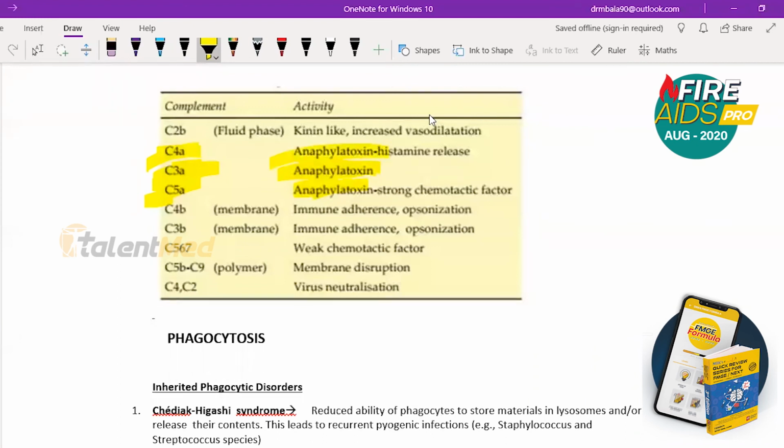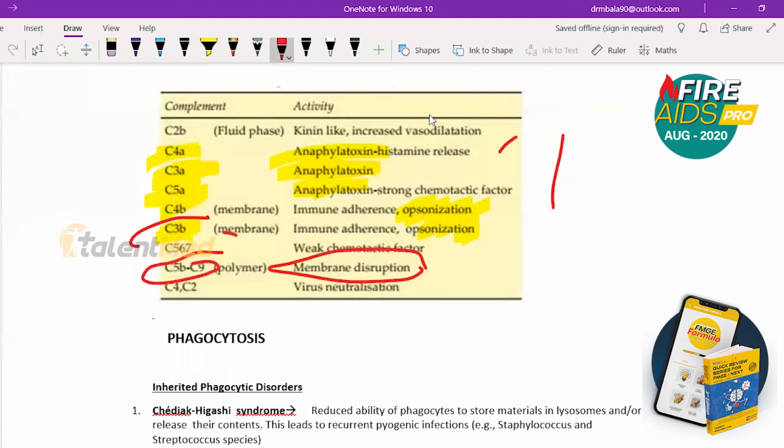Number two, C3b and C4b are for opsonization. When you find C3b or C4b, remember opsonization. For your exam purposes, just remember C3b for opsonization. The third point is C5 to C9, the membrane attack complex, so membrane disruption. These are the only three points I want you to remember.